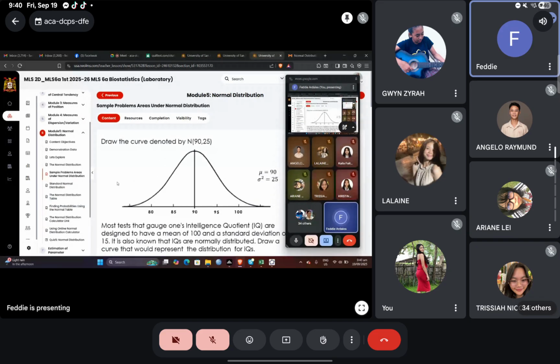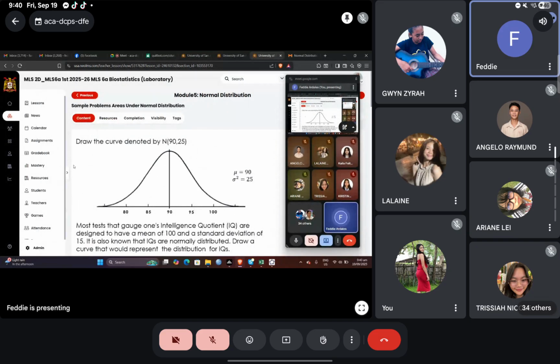In this example, draw a curve denoted by this notation, N of 90 and 25. Based on this, your mean is 90 and your variance is 25.